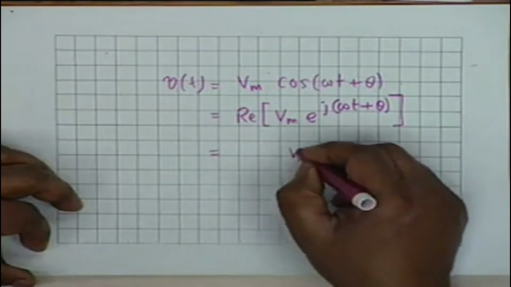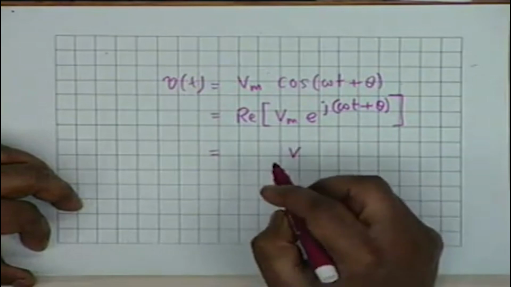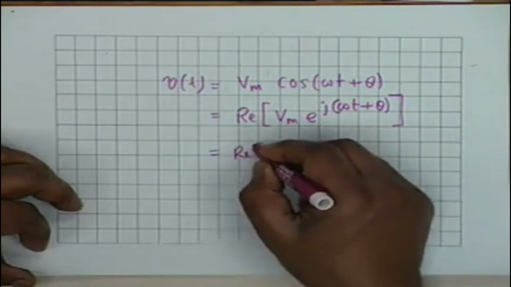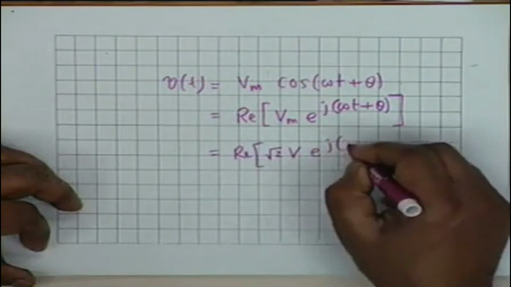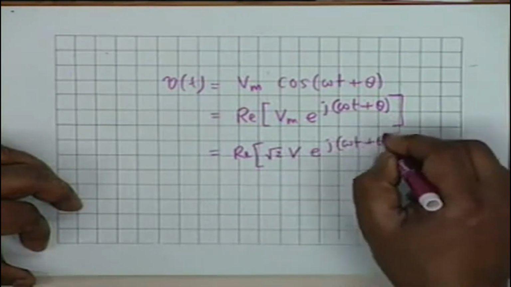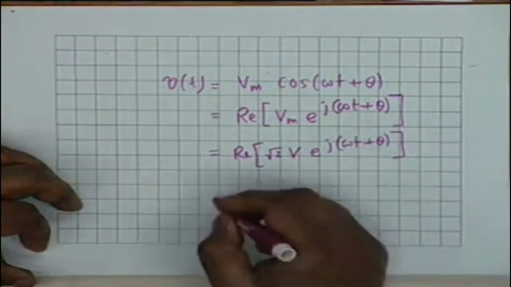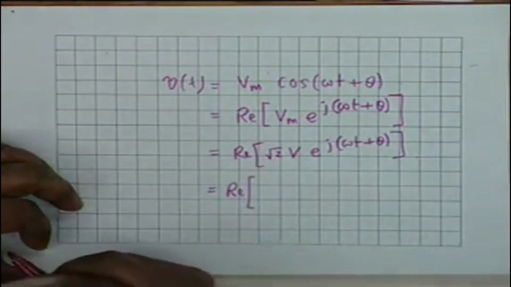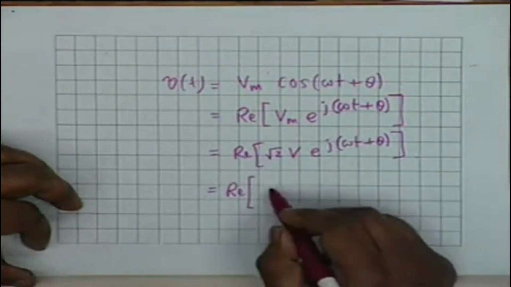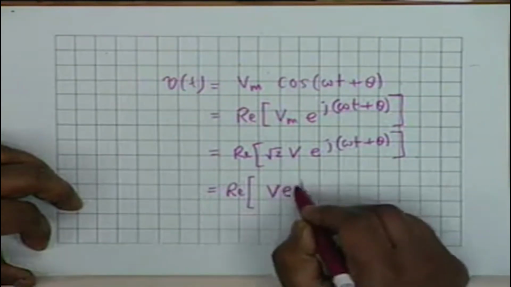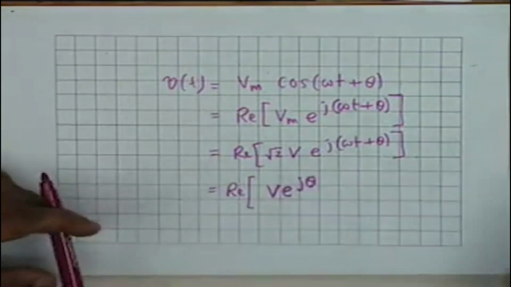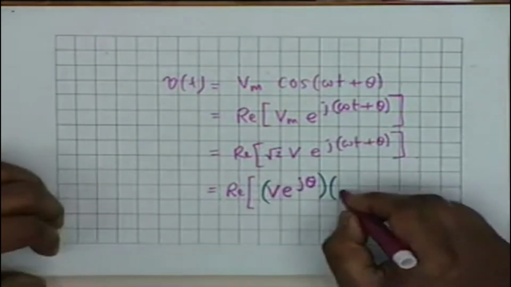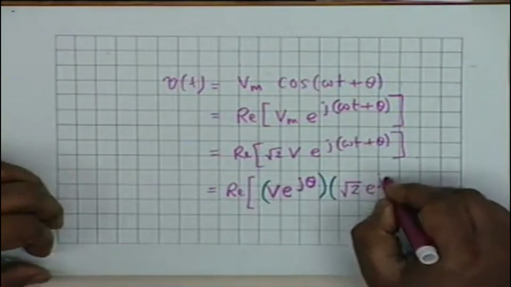If I represent the root mean squared value by capital V, then it is simply the real part of root 2 V e to the power j omega t plus theta. It is conventional to write this as the product of two quantities. One is V e to the power j theta, and the other is root 2 e to the power j omega t.